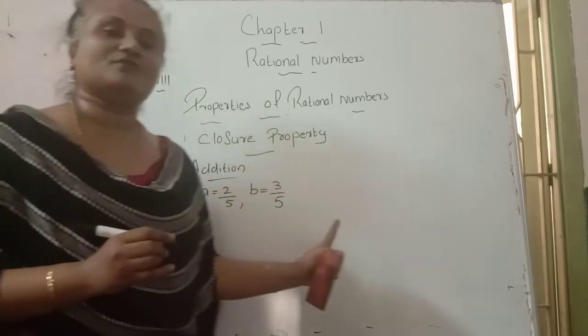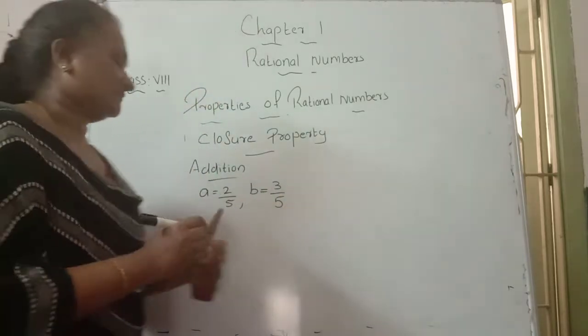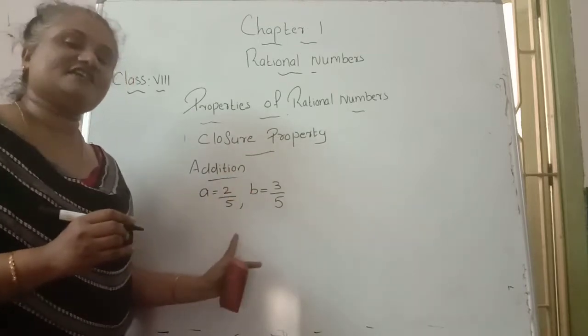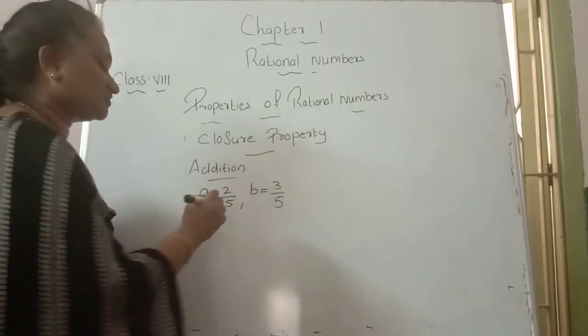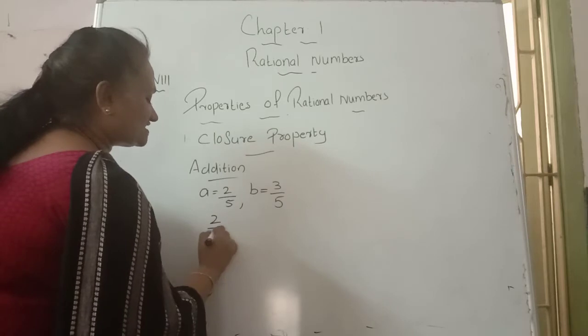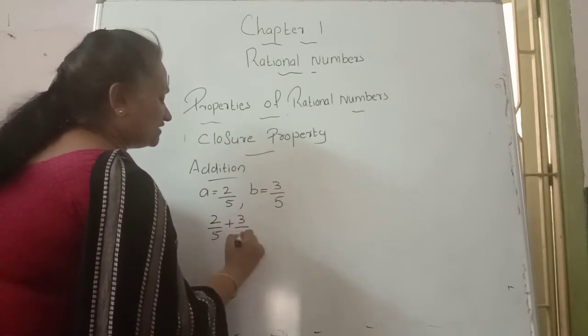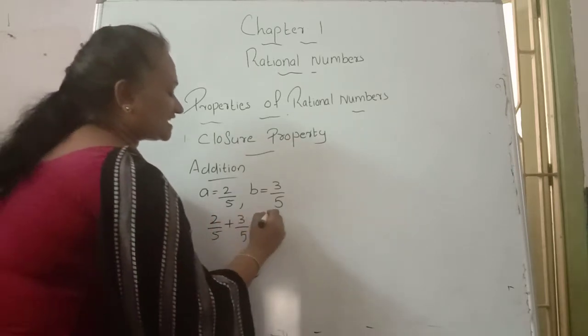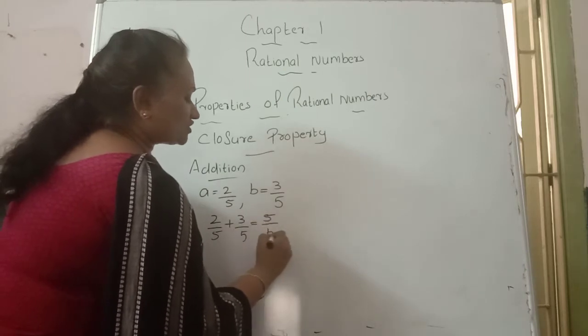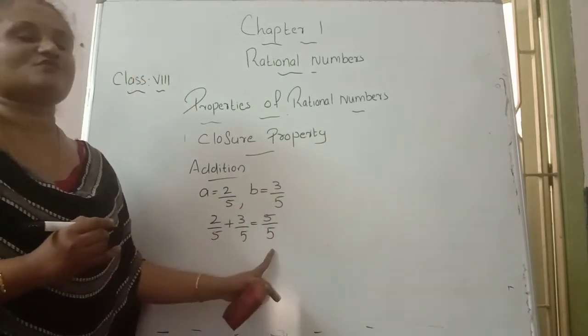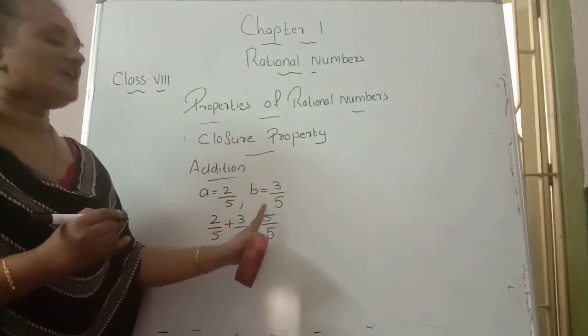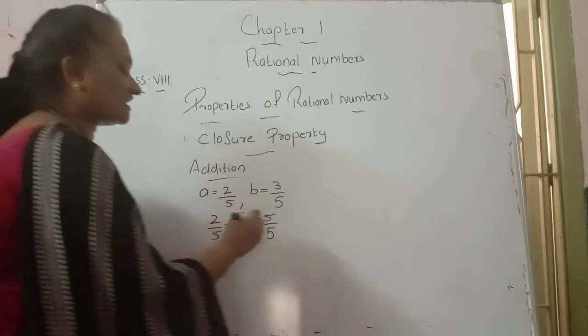Two rational numbers, and when we add them, do we get a rational number or not? Check it. 2 by 5 is added with 3 by 5. 2 plus 3 comes to be 5. The denominator is the same, so we add the numerator part and keep the same denominator.